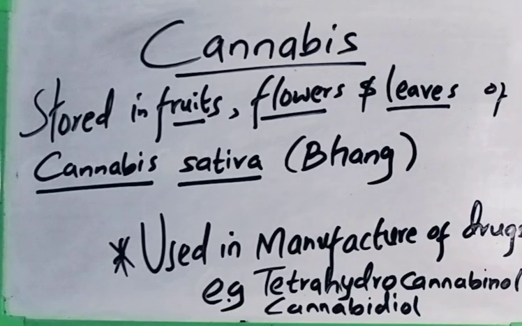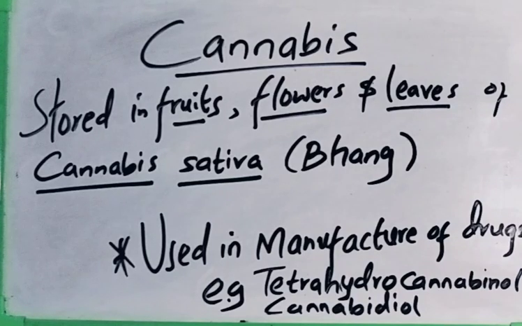Tetrahydrocannabinol is used as a pain reliever, and of course cannabidiol. Cannabidiol is used in treatment of epilepsy. Don't forget that tetrahydrocannabinol is used as a pain reliever. So Cannabis sativa is used to manufacture such kind of drugs.